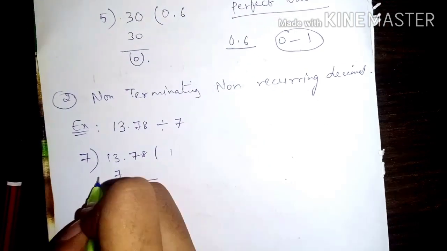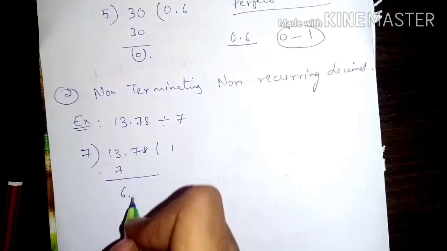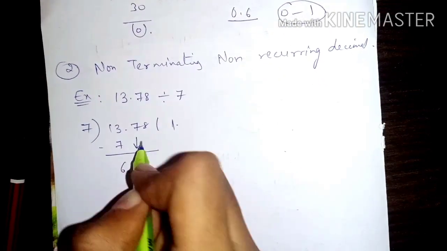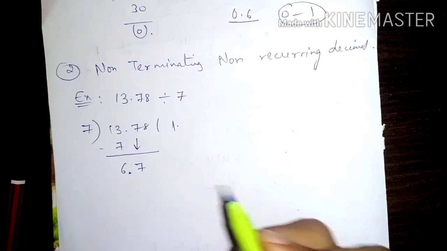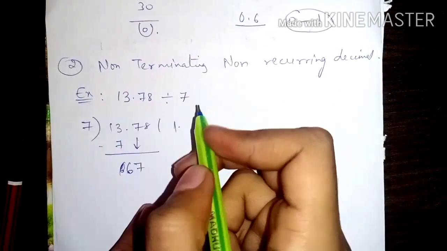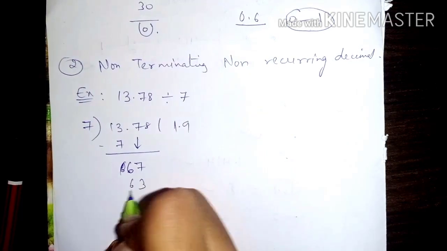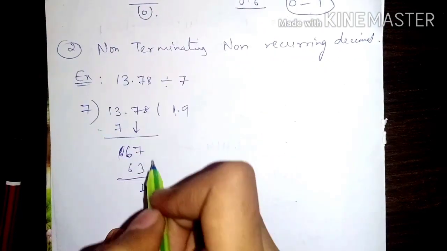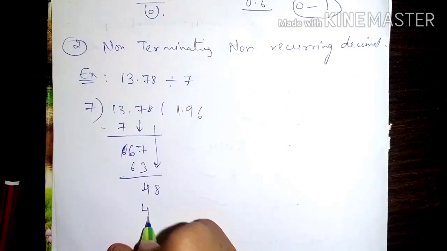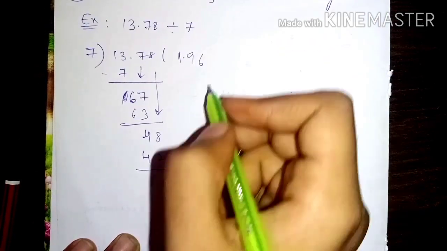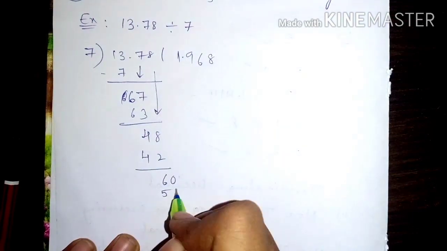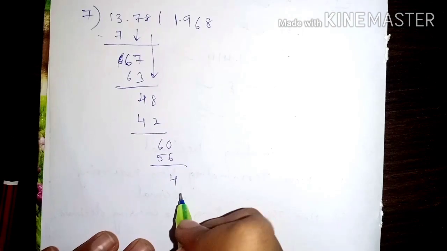After subtracting we will get 6. I'll keep the point here because we have the point here, and I can bring this 7 down. This is 67. So 7 9s are 63. Remainder 4, bring 8 down. 6 7s are 42, remainder 0. 8 7s are 56, and so on.